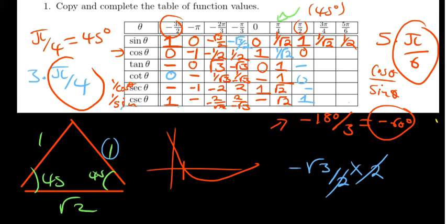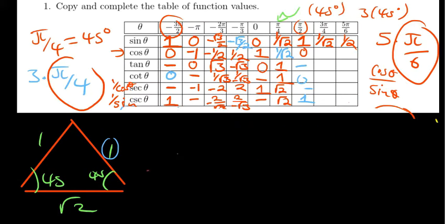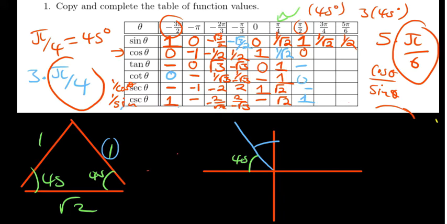And then we have 3 pi over 4. 3 times 45 degrees. Which quadrant are we falling in now? If you look at the 45 coming 3 times, 45, 45 would give us a 90, and then we have an extra 45 there. So we are interested in the difference between the angle and the x-axis, which will still be 45. So which quadrant are we in?